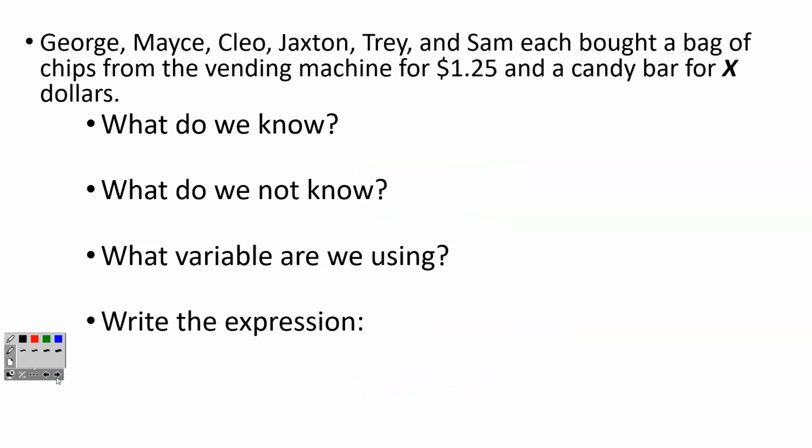For real life stuff, this is the part that students struggled with when we did our feedback clear back in September. George, Macy, Cleo, Jackson, Trey, and Sam each bought a bag of chips from the vending machine for $1.25 and a candy bar for X dollars. What do we know? Well, first thing I know is that there's 1, 2, 3, 4, 5, 6 people.